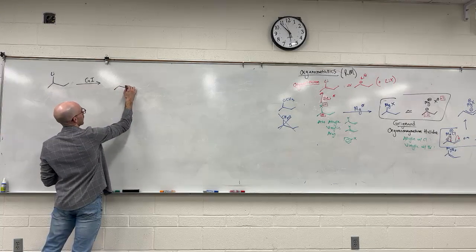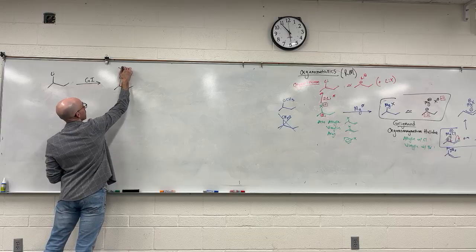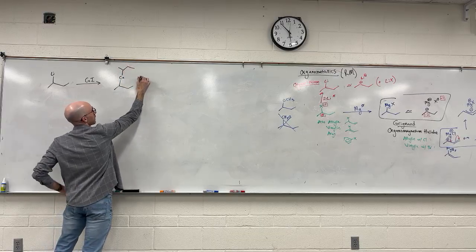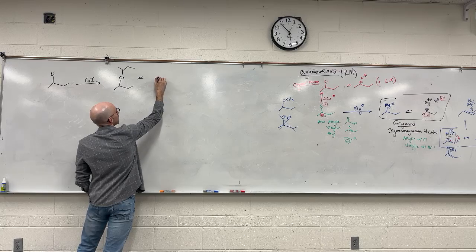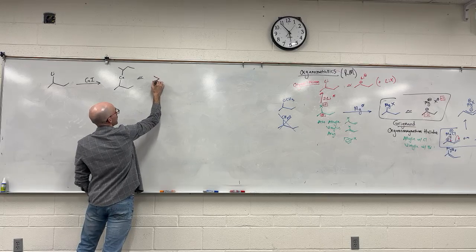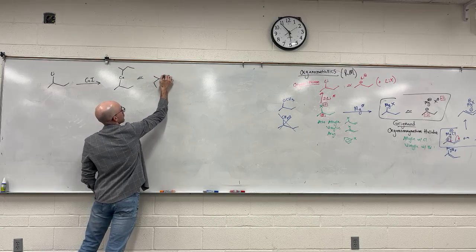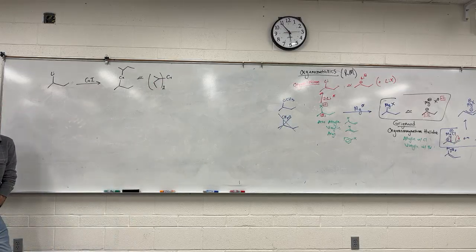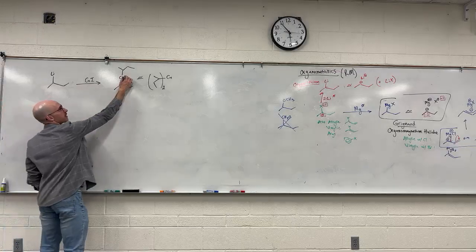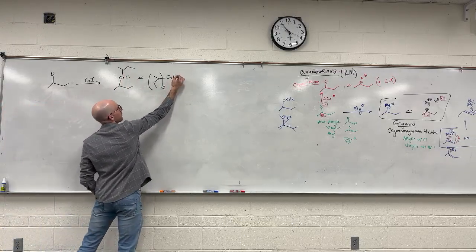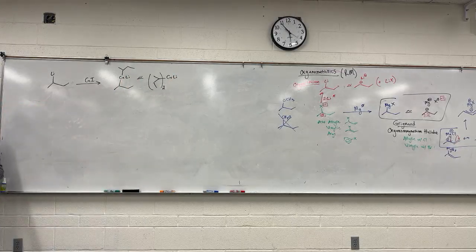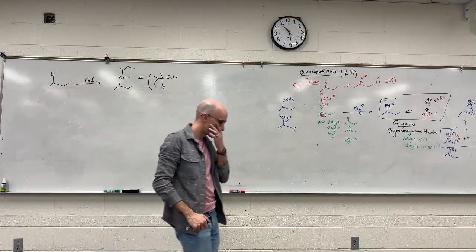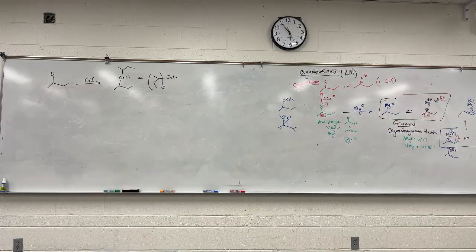Here's the product that I get, and I showed this to you guys on your worksheet. But we can actually rewrite this as, I'm going to draw it on its side, and I'm going to put it in parentheses. 2. This is bonded to lithium. This is bonded to lithium. What would you name this?